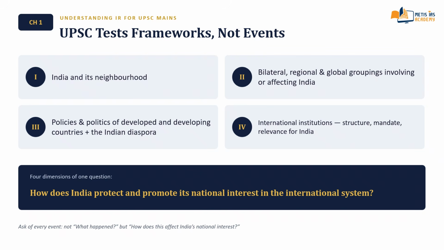The GS-2 syllabus divides international relations into four broad areas. What are the four broad areas? The first is India and its neighborhood. The second is bilateral, regional, and global groupings and agreements involving India that affect India's interests.